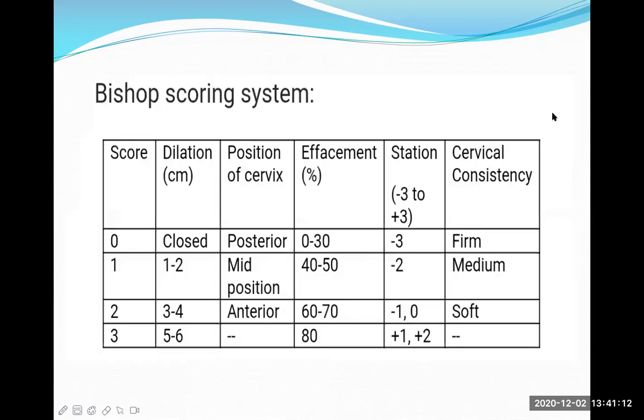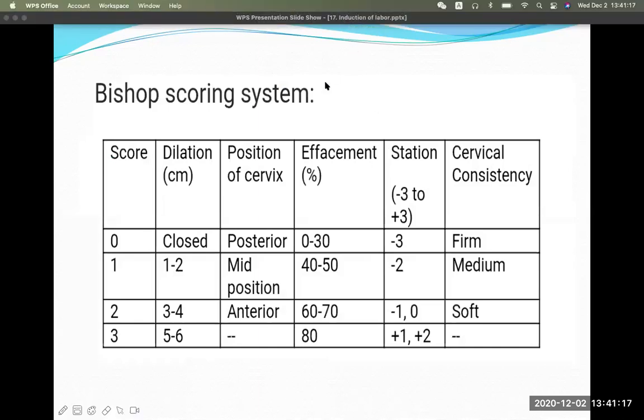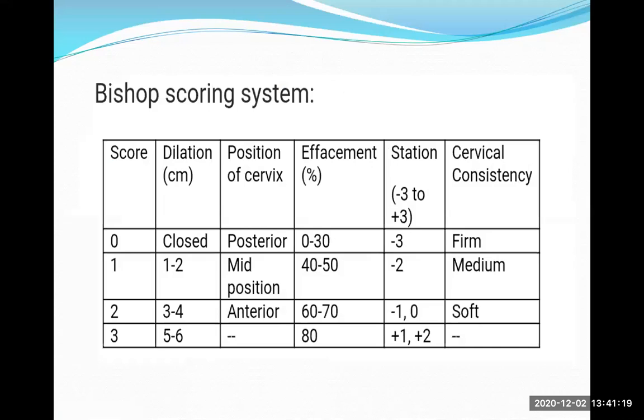Now, all of you, please pay attention to one of the very important questions which you may get in different obstetrics exams. If you pay attention, it is very easy to understand. This is known as Bishop scoring system. Now, what is this Bishop scoring system and why are we talking about this in connection with induction of labor? Now see here.